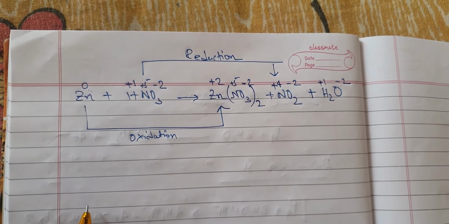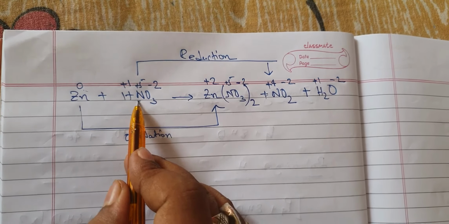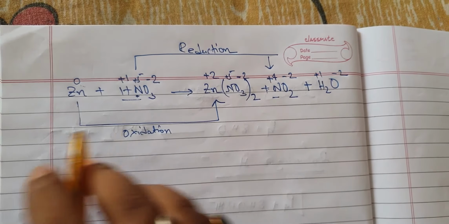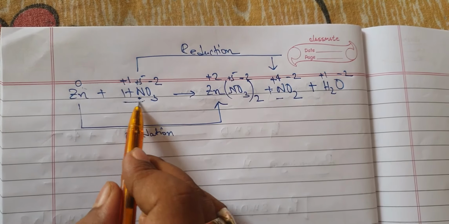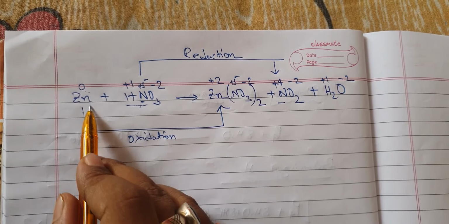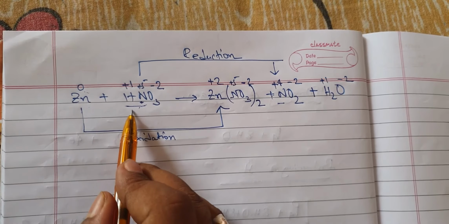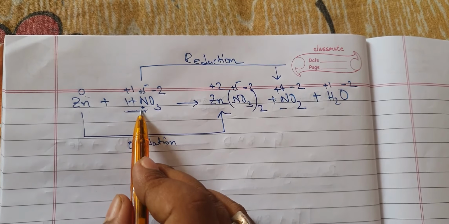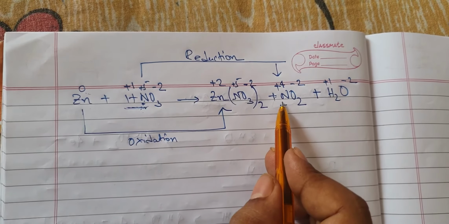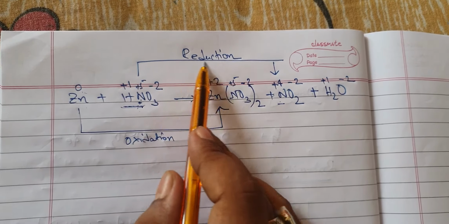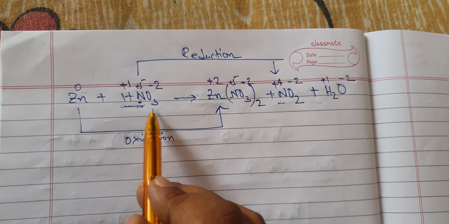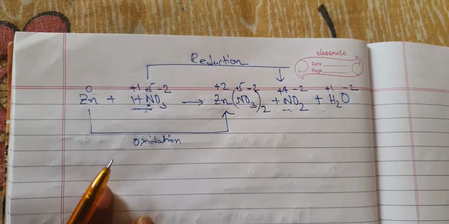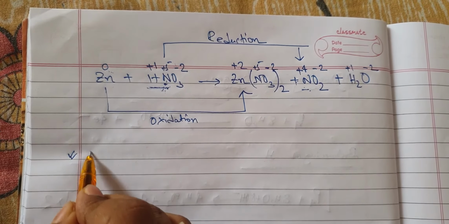But here you can see that some of the nitrogen atoms in HNO3 are in plus 5 state, in NO2 plus 4 state. But what is the role of HNO3? HNO3 is actually reacting with Zn, that is the role of HNO3. So it is acting as an acid. Again, the N in HNO3 is also getting converted to plus 4, so it is getting reduced also. So HNO3 is not only acting as an acid, but also acting as an oxidizing agent.